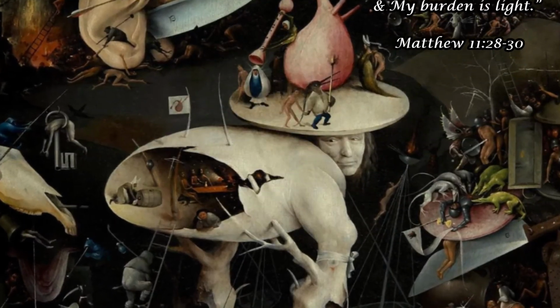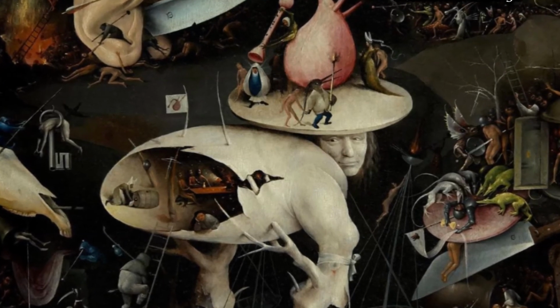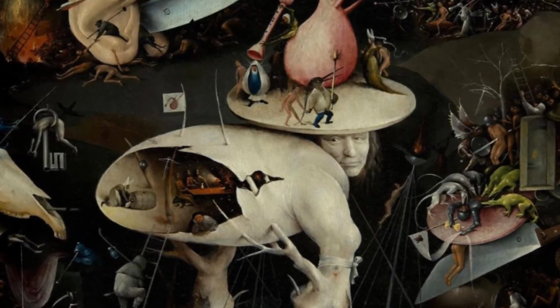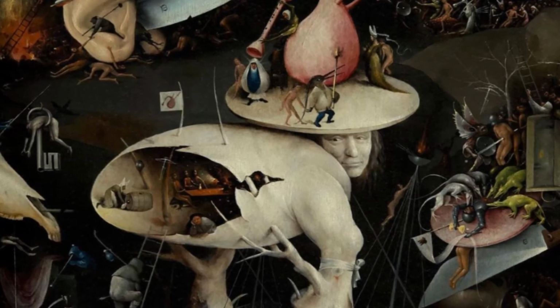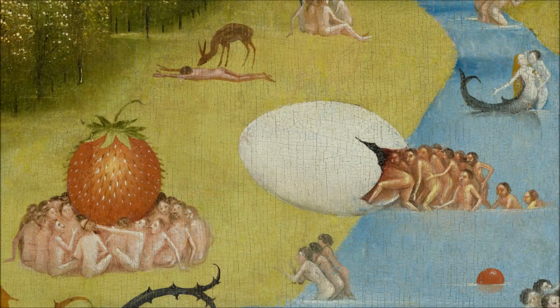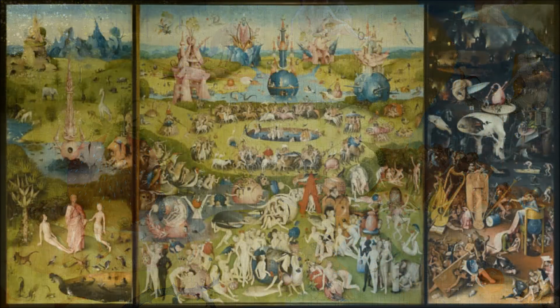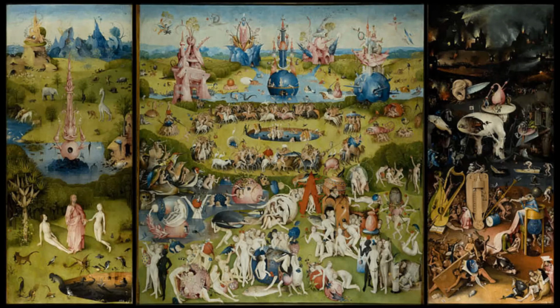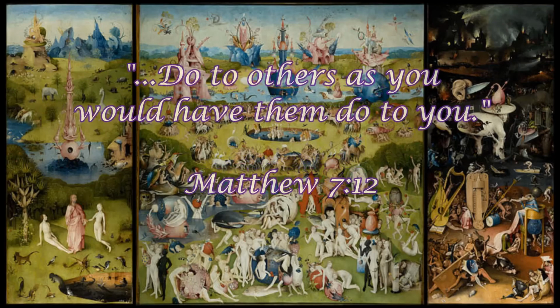And in Bosch symbolism, a hollow egg such as this can transport you from one place to another. I'll spare you the theology and simply tell you that the transformative idea at the center of the Garden of Earthly Delights is do to others as you would have them do to you.